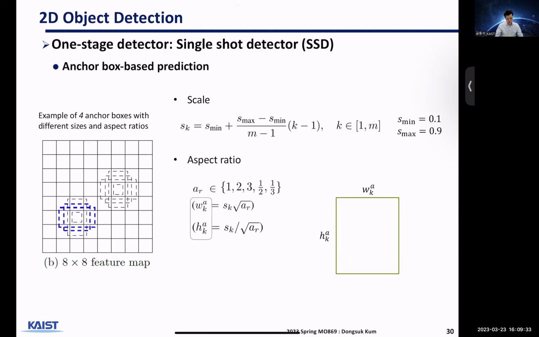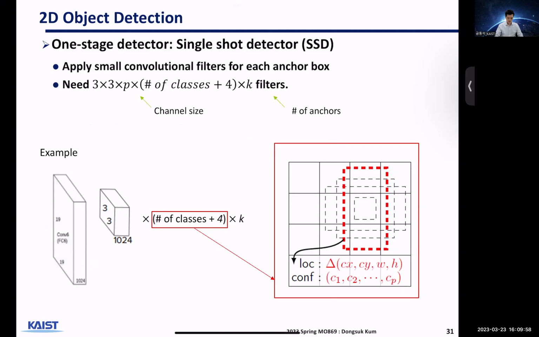The SSD still used this anchor box, so it had to define these anchor boxes and find sort of offset values to refine, to more accurately predict the position or localization problem.